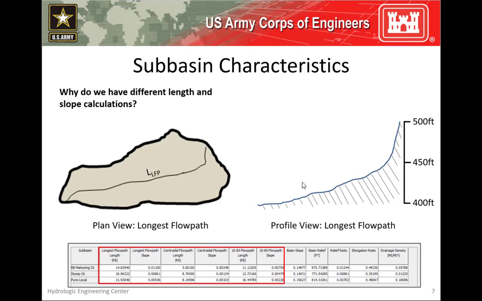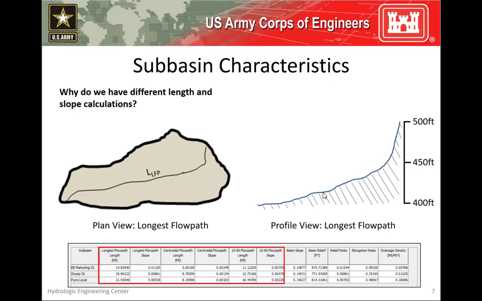Over here on the right, you'll see that we have a profile view of a longest flow path. And up near the basin divide, it does get quite steep. So your longest flow path slope may be steeper than the slope that you see along the majority of the path. Whereas with centroidal and 10-85 slopes, they're usually more representative of the typical slopes found along flow paths.